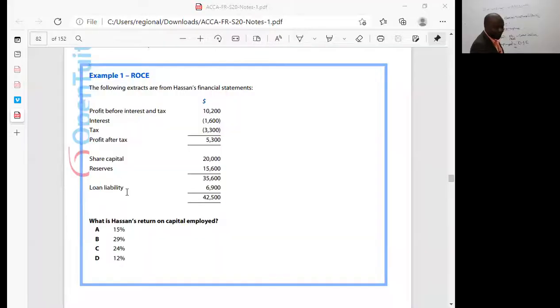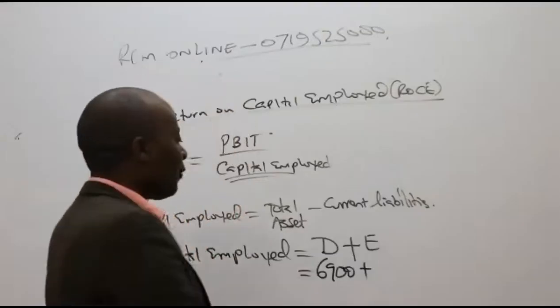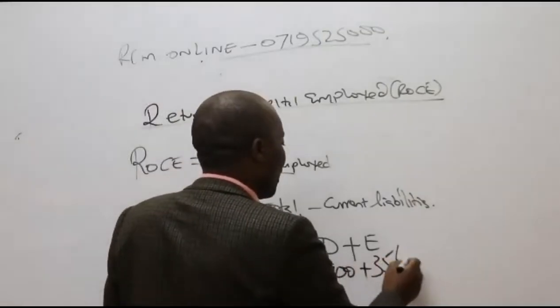So in this particular case, my capital employed will be equal to, you can see we have debt of 6,900 plus the equity owners' funds. You can see the share capital, you can see the reserves. Both of them are adding to 35,600.